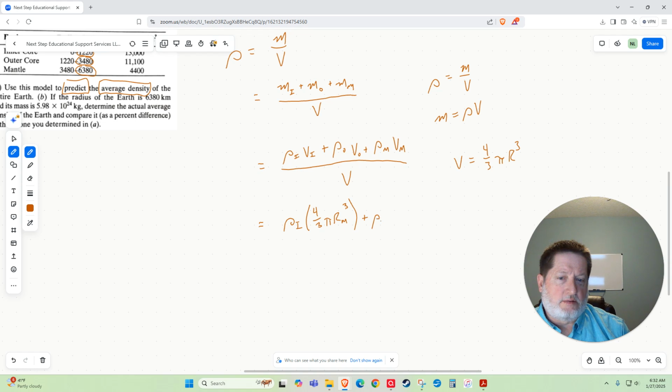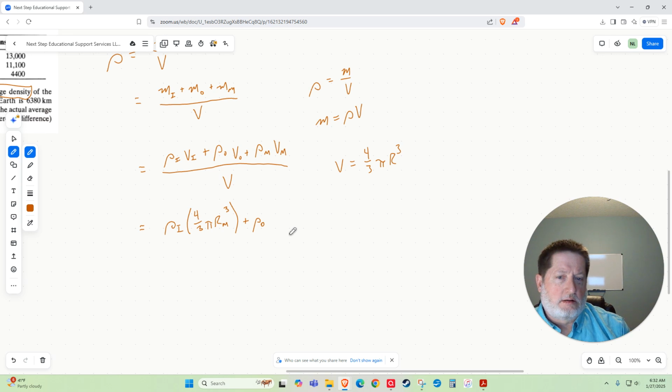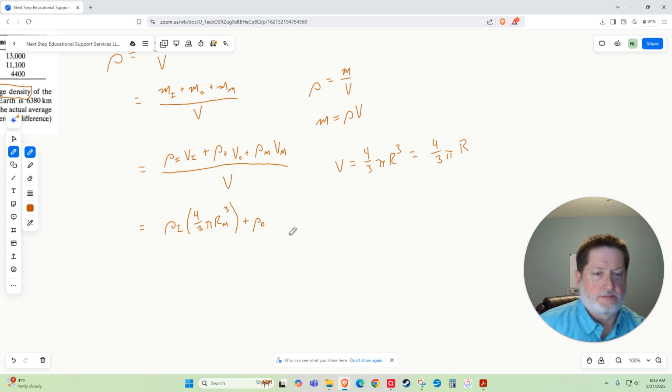Now I have the density of the outer. For the volume of the outer, notice for these next two volumes, I could make those volumes be 4/3 pi r, don't use O because I've already used O for the outer, let's say radius 2 cubed minus 4/3 pi radius 1 cubed.